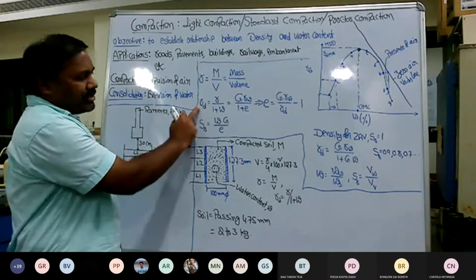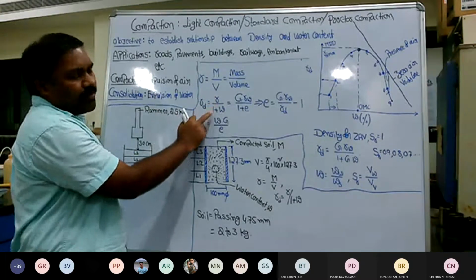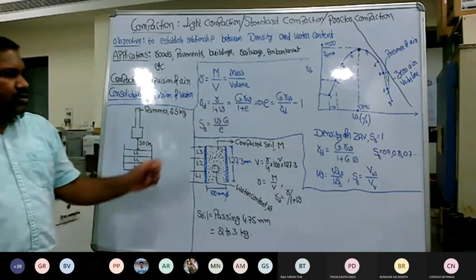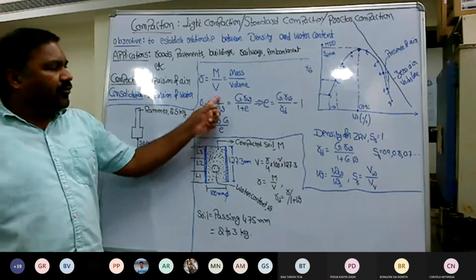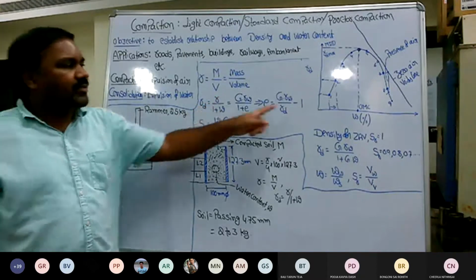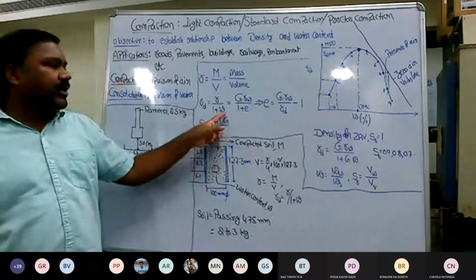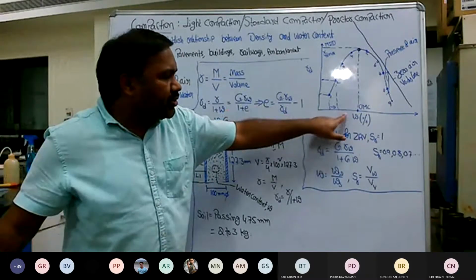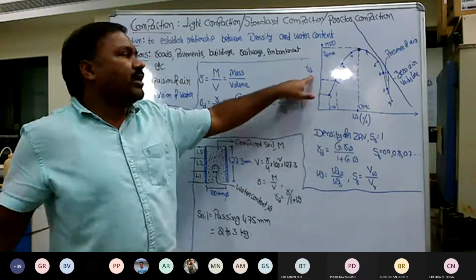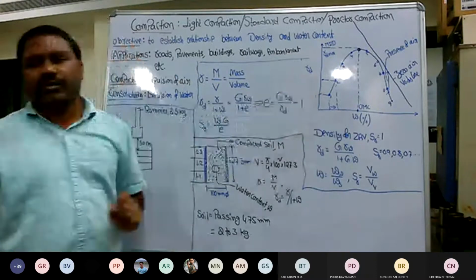Therefore gamma D is equal to gamma divided by 1 plus water content. So when you calculate the gamma D, you are accounting for the bulk density as well as the change in moisture content on the x-axis. Thereby, there is no problem in back calculating or calculating the dry density.